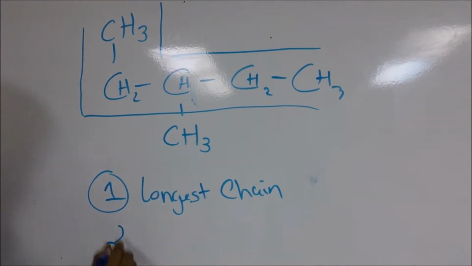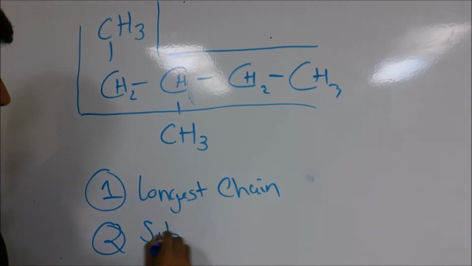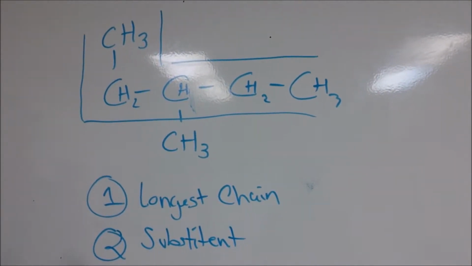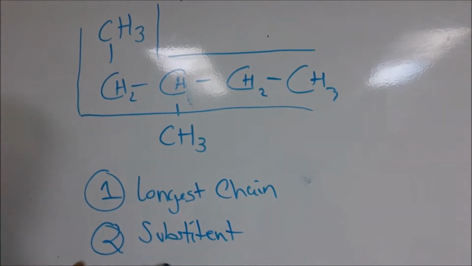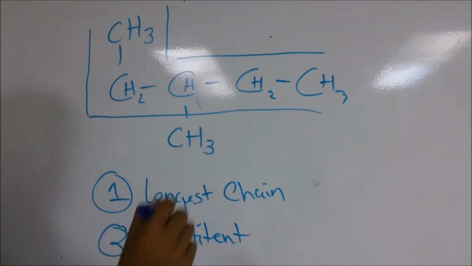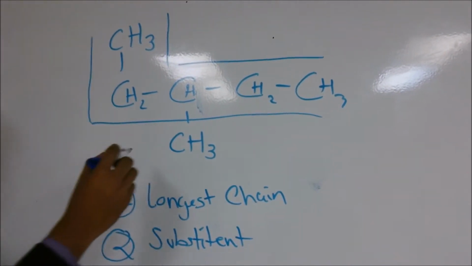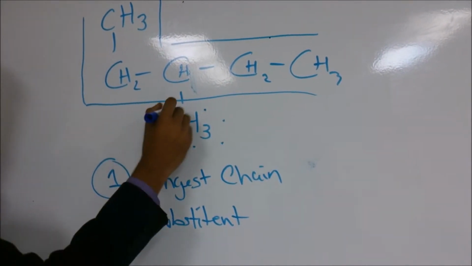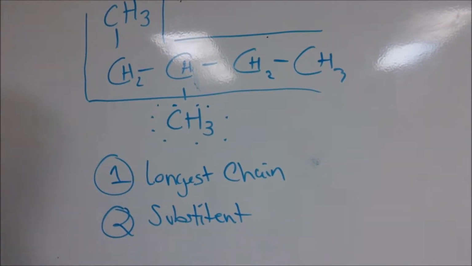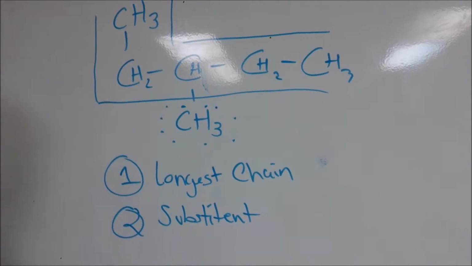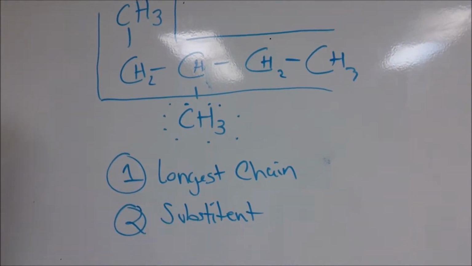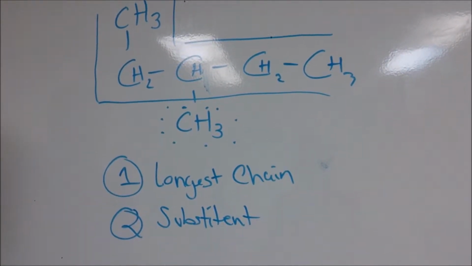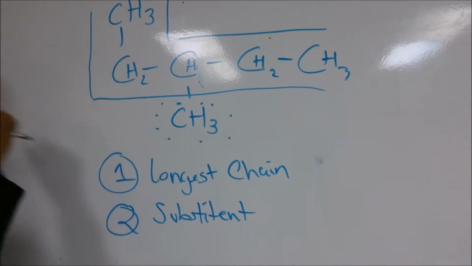Now we will look for substituents. The substituents will play the role of the rods of our bracelet and are the branches attached to the main bracelet. In this case, we have this one. Now we have to count the number of carbons. The side where we start depends on where the branch of the hydrocarbon is.